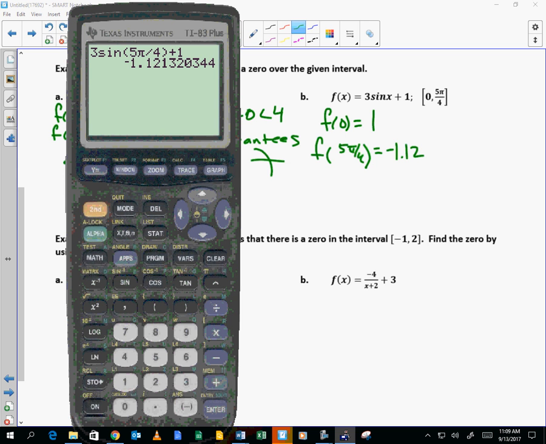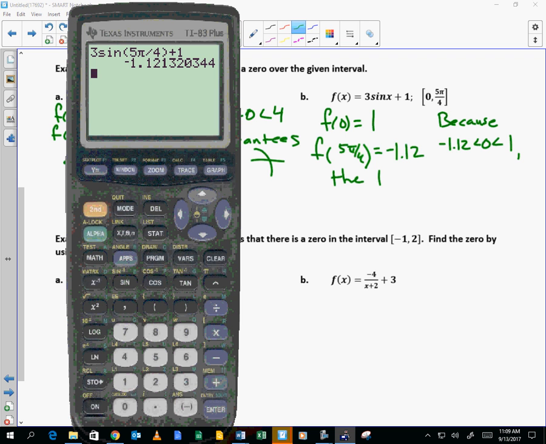So if I have to go from a y value of 1 down to a y value of negative 1.12, I must cross 0 somewhere, right? So very good. Because negative 1.12 is less than 0, which is less than 1.